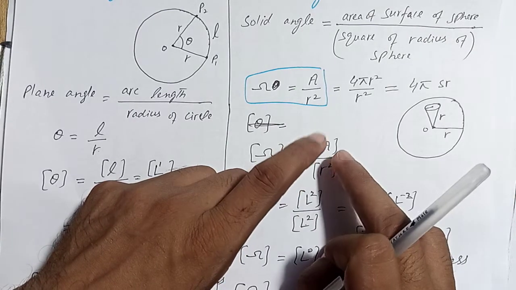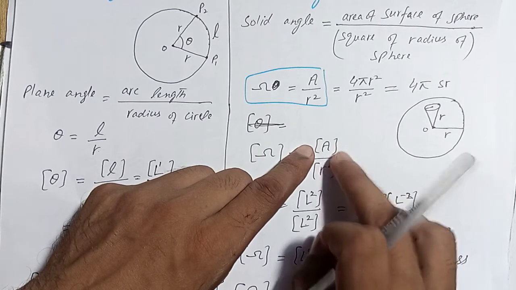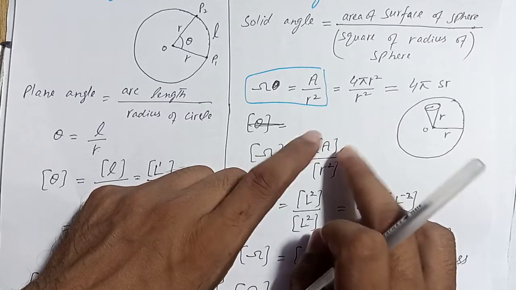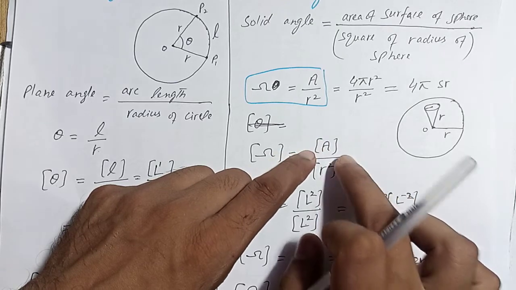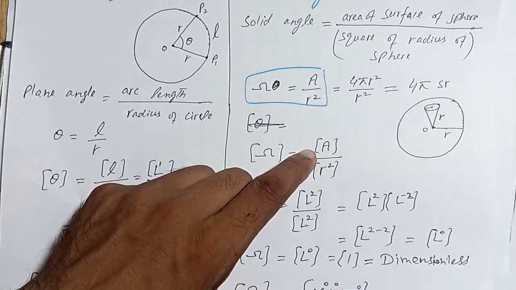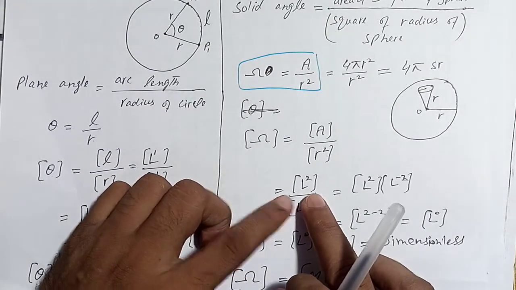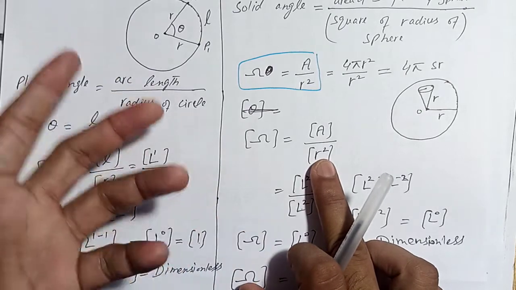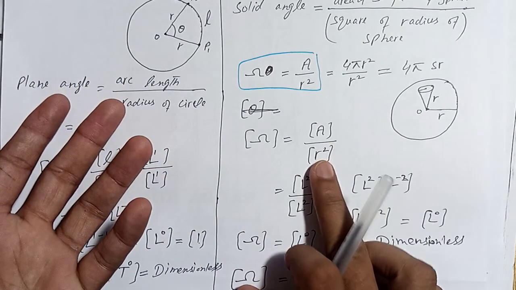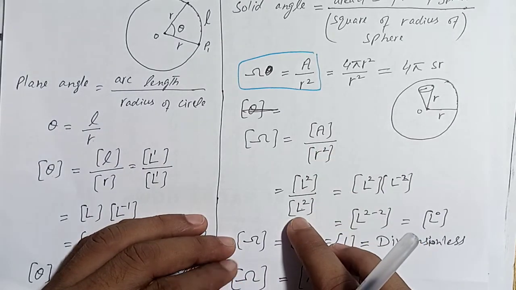For how we calculate the dimension of area, you can see that lecture, and the link is given in the description. Area has the dimension of L square, and R is radius which is length, so its dimension is L. Due to the square, its dimension becomes L square.